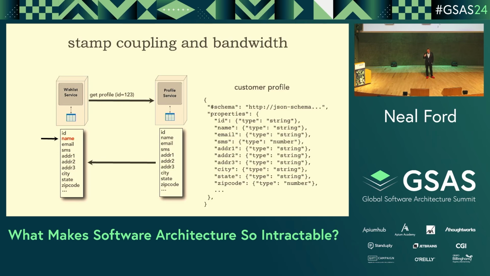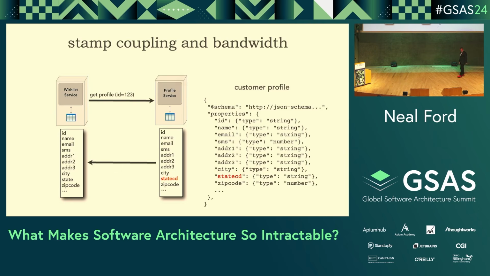And here's why this is so bad. Because at some point, somebody's going to come along and say, hey, I notice you have state in your profile. Is that the full name of the state, or is that the two-letter state code? Because both those things are pretty common, and you're like, hey, you're right. That's misleading. It's supposed to be the state code.